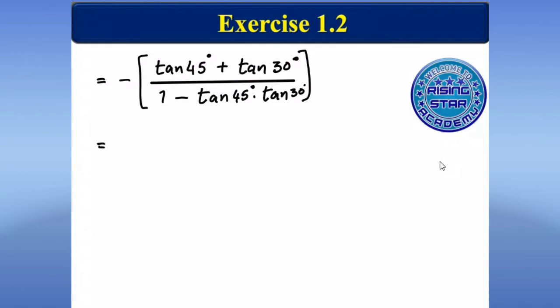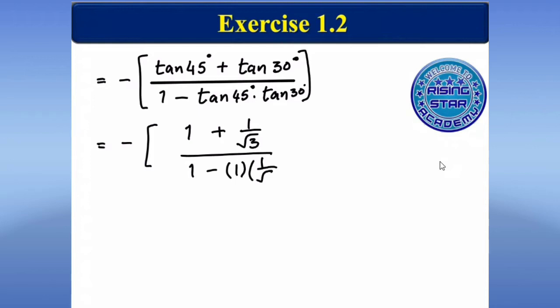So tan 45 is 1. Tan 30 would be 1 over square root of 3. Similarly, 1 minus tan 45 is 1, and that would be 1 over square root of 3. In the next step, we will write by taking the LCM.